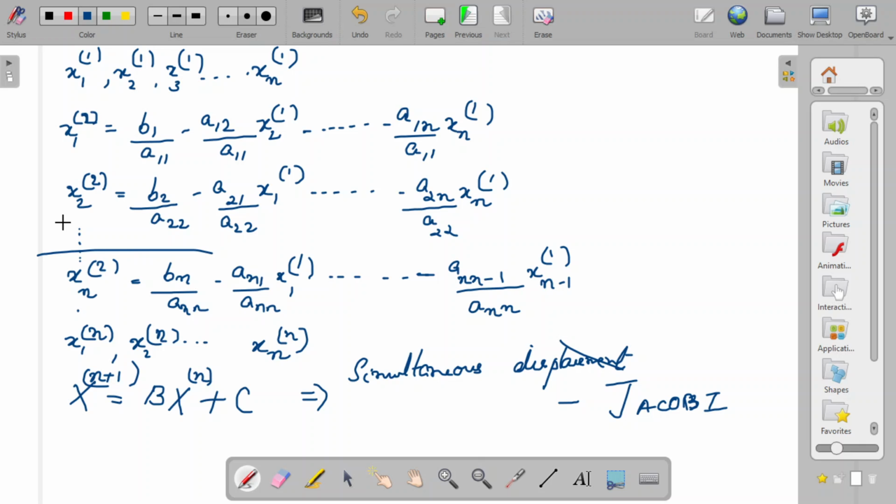But then it needs a particular condition to be satisfied by the linear set of equations.